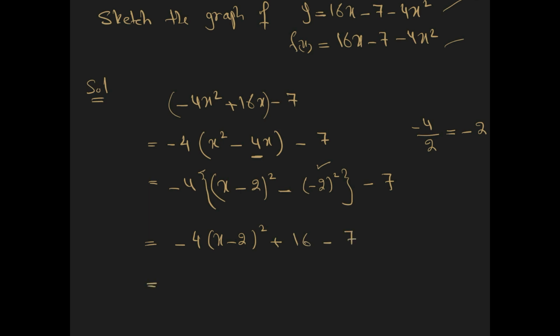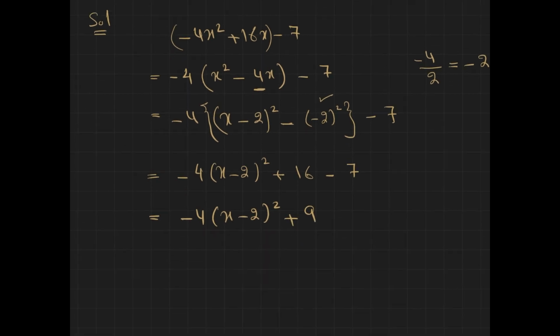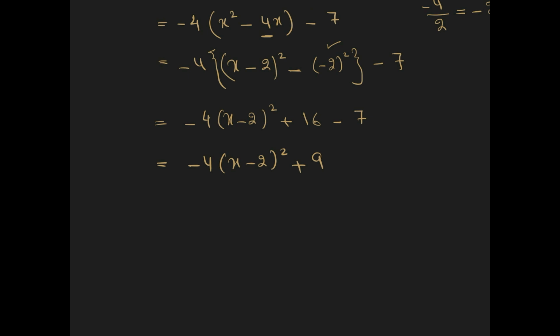Further simplifying, −4(x − 2)² + 16 − 7 is +9. So here we are, our function is now changed into the completed square form.